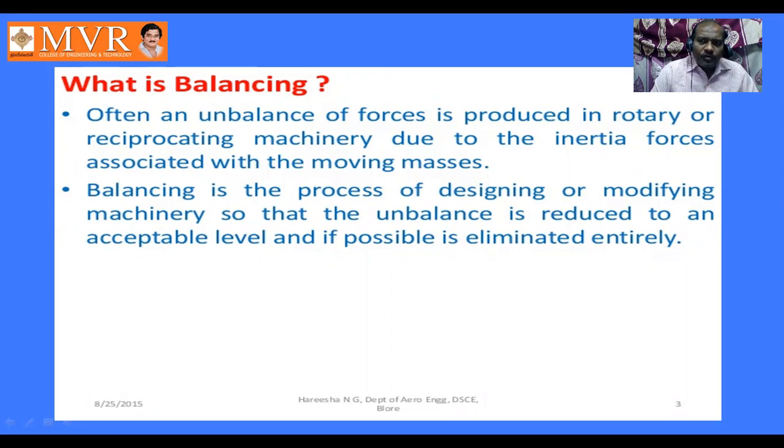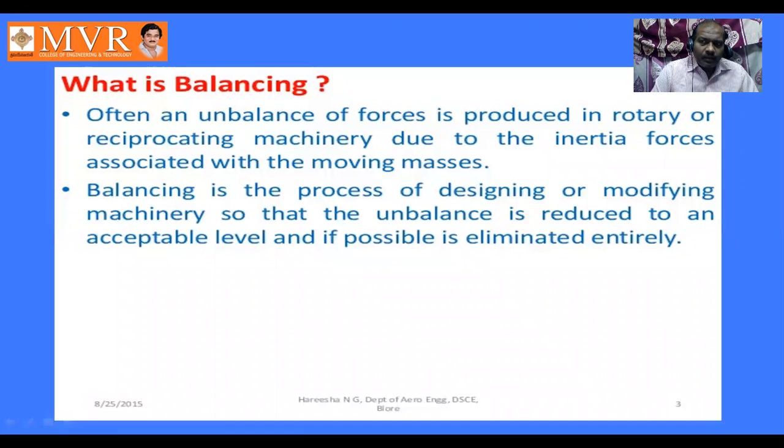There are a number of rotary machines and reciprocating machines. A wheel is a rotary machine. There is a crank mechanism, where we have a rotary machine as well as a reciprocating part. To balance that rotary or reciprocating part, we should go for balancing.